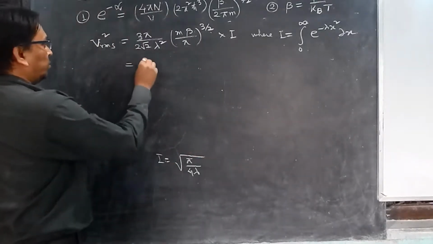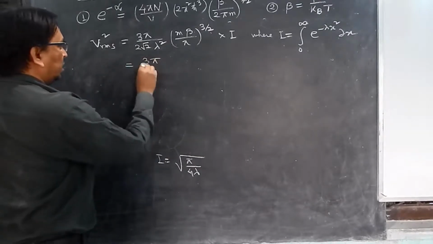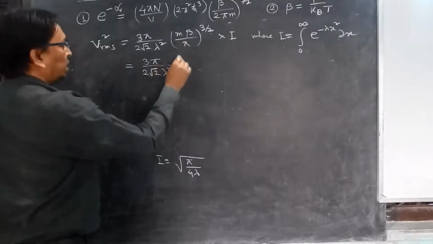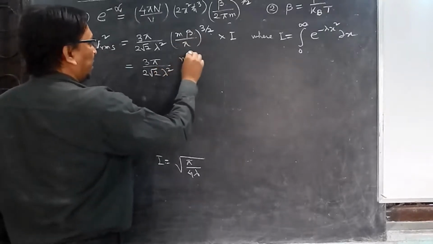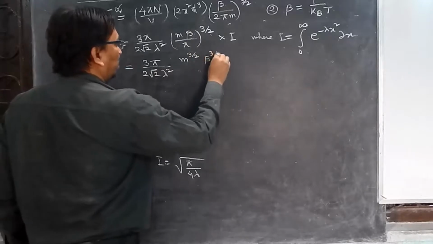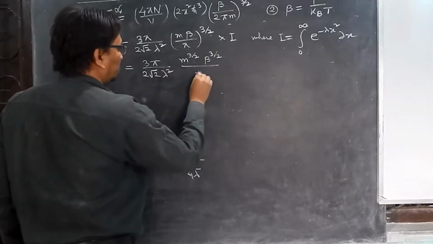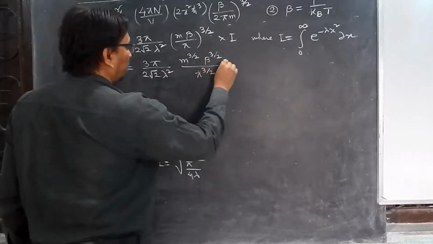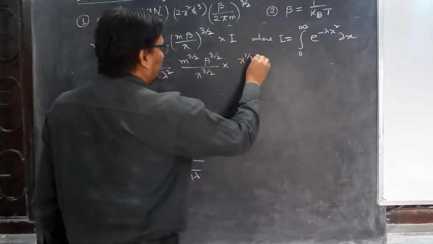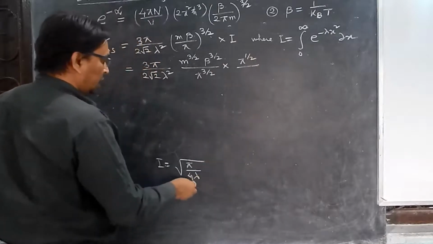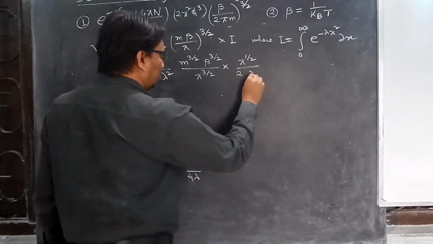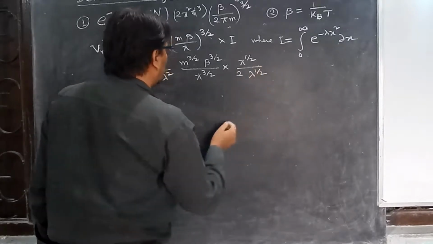So VRMS square is 3 pi by 2 root 2 and lambda square, and I am writing all those powers taken together, beta to the power 3 by 2 and pi to the power 3 by 2, and pi to the power half. This is the value of this integral, and 4 to the power half is 2 and this is lambda to the power half.